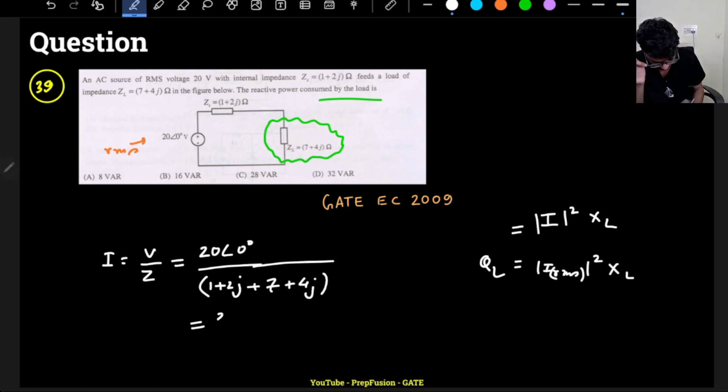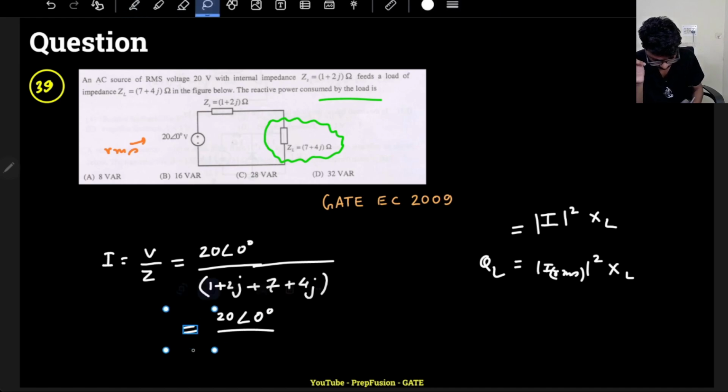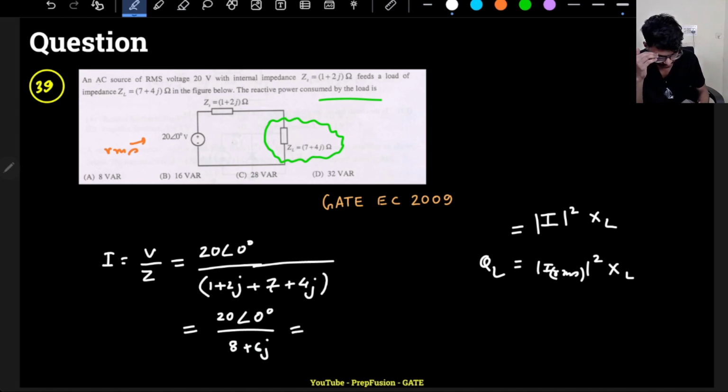So I equals 20 angle 0 divided by 8 plus 6j. If I divide by 2 on both sides, this will be 10.